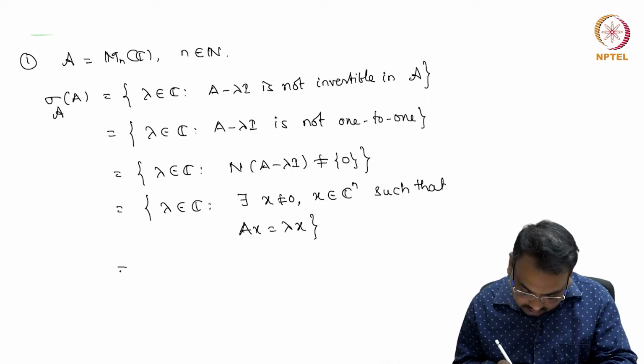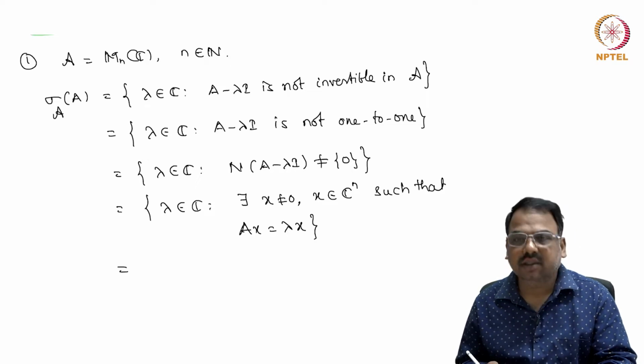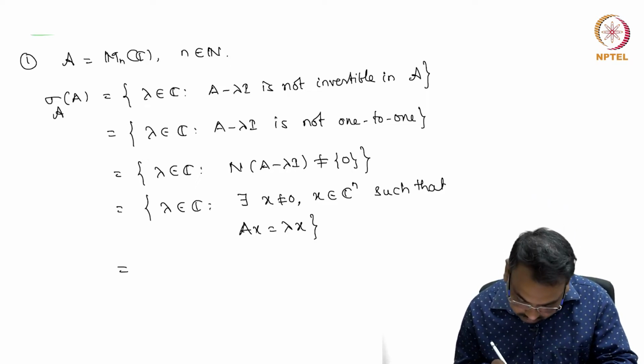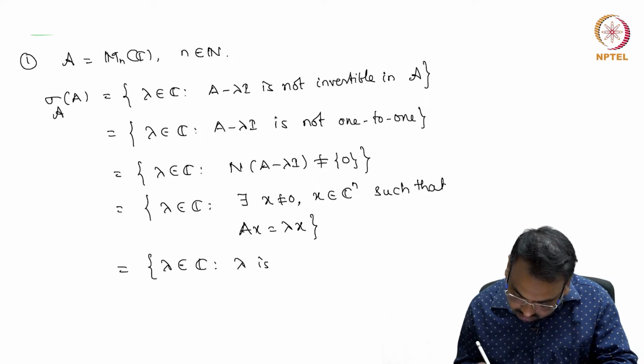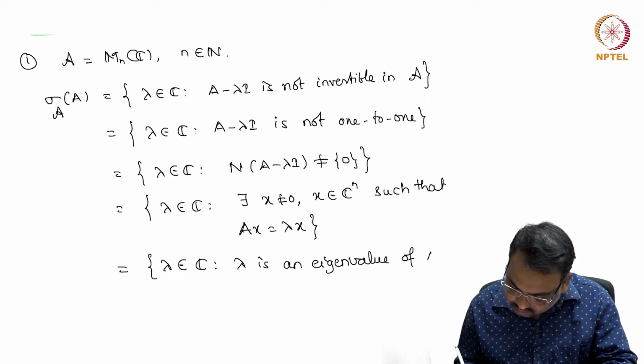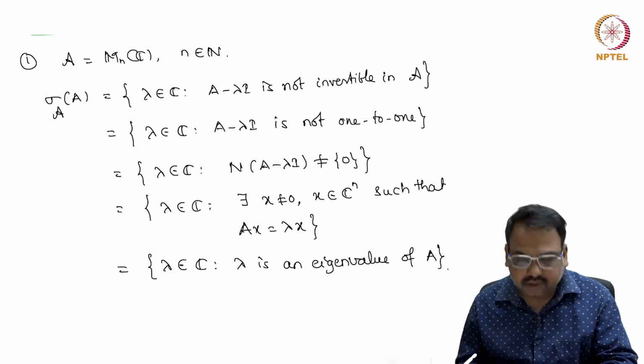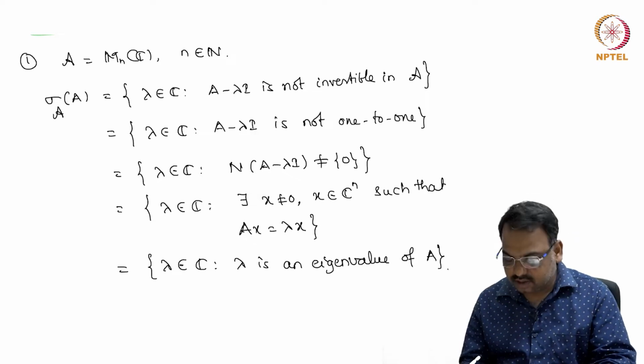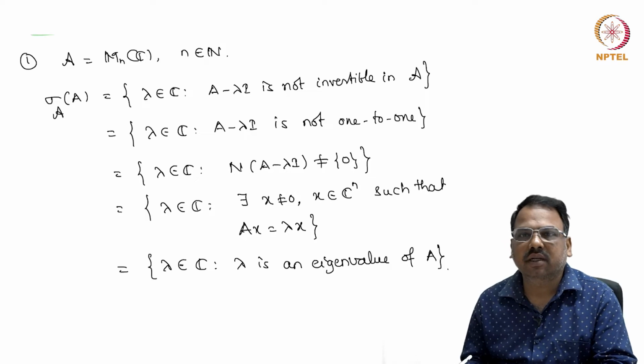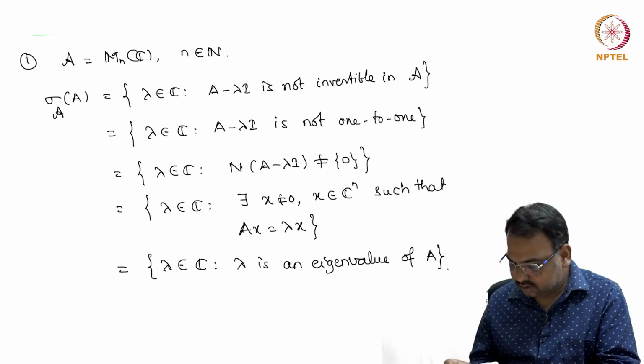From this we can say that this set is nothing but the set of all lambda in C such that lambda is an eigenvalue of a. That means the spectrum concept is an exact generalization of the set of all eigenvalues of a matrix.